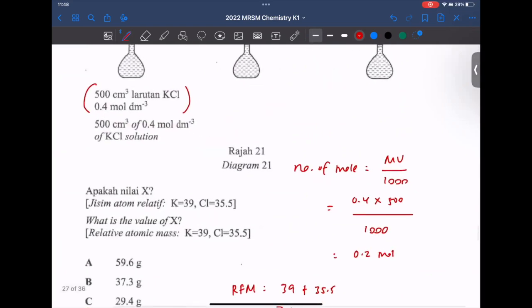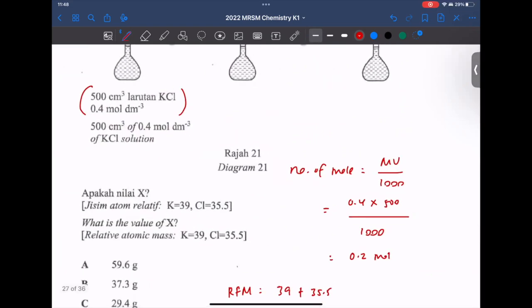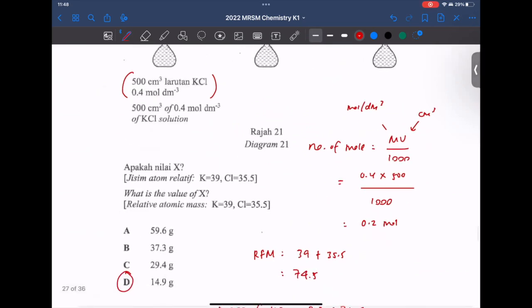So we start off by calculating the number of moles first. Number of moles is using the formula MV over 1000, molarity multiplied by volume divided by 1000. This volume must be in cm cube, and this will be mole per dm cube. Once you do everything correctly, you get 0.2 mole, which means the solution has 0.2 mole of potassium chloride, but we want it in grams.